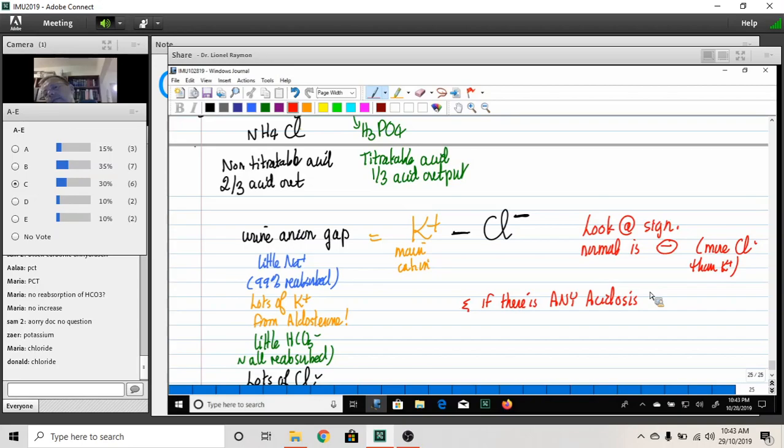Well, look, in RTA1, which is distal, it's a failure of intercalated cells.